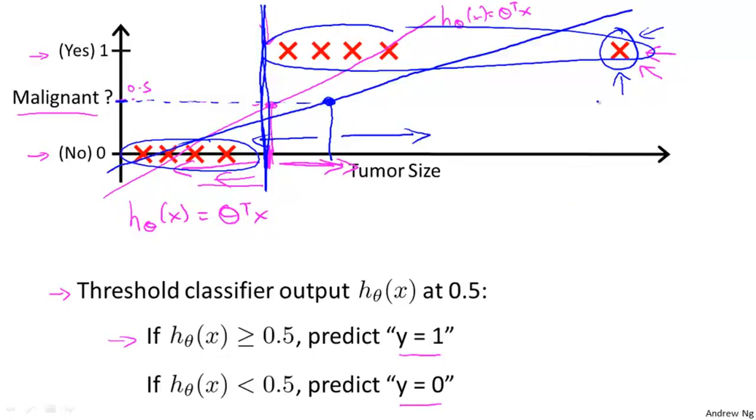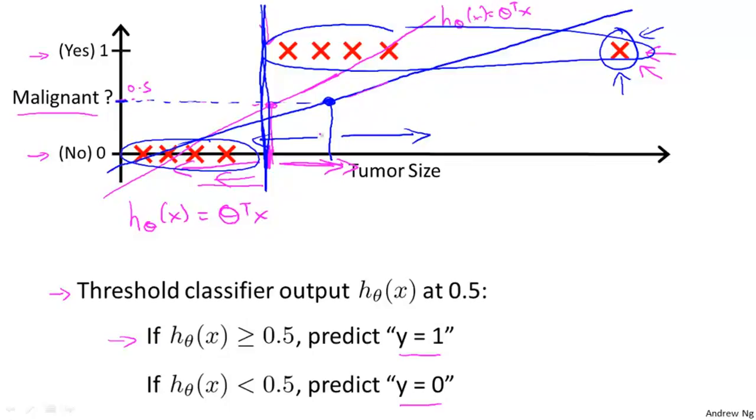But somehow adding that example out there caused linear regression to change its straight line fit to the data from this magenta line out here to this blue line over here, and caused it to give us a worse hypothesis. So applying linear regression to a classification problem often isn't a great idea.